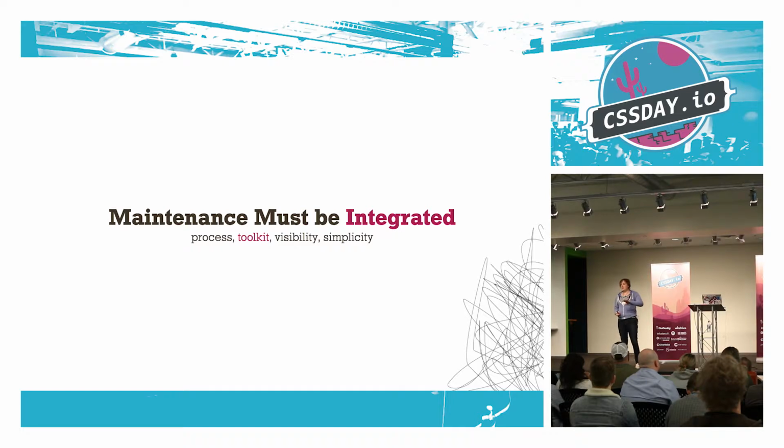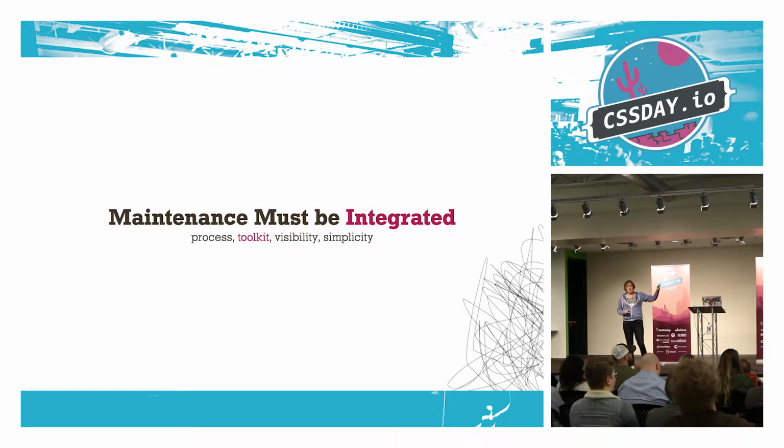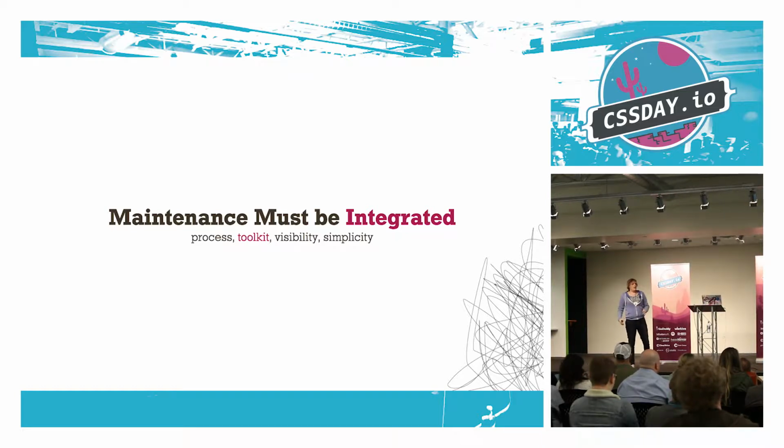But we need these style guides to be able to hand off and show them what's there. So the maintenance has to be integrated into our process somehow. Nobody is going to remember to come back into it. So this was a really important part. Building, especially, not just building it into the process, but building it into our toolkit. So our style guide generator that we're working on is built specifically around our toolkit.